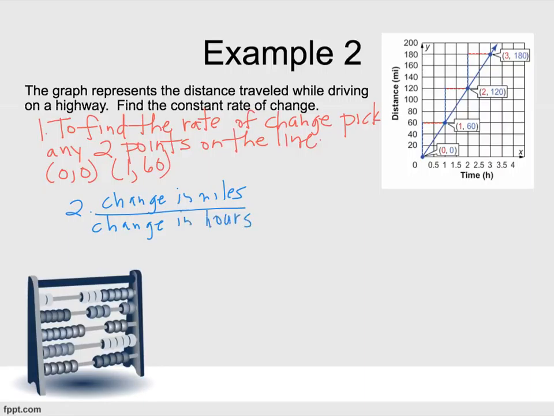So we have to subtract. We always start with the same position in the pair. So let's take our second pair. We take our y value, 60 minus 0, and then our x value, 1 minus 0. Let's simplify that out. 60 minus 0 is 60. 1 minus 0 is 1. So we have a unit rate because we're down to 1.